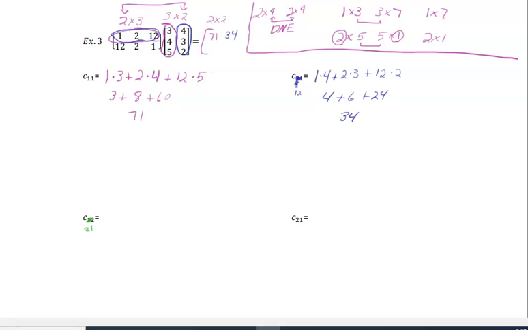2, 1. I'm going to the second row, first column. So I have 12 times 3 plus 2 times 4 plus 1 times 5. 36 plus 8 plus 5. It's 49.